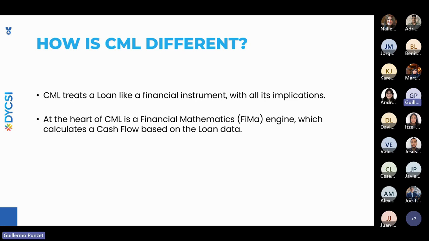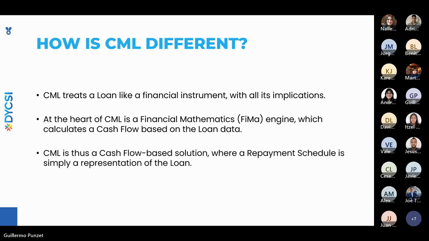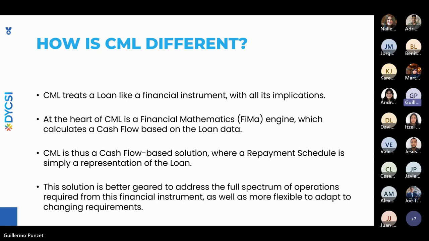At the heart of CML is a financial mathematics engine, FEMA, which calculates the cash flow based on loan data. CML is thus a cash flow-based solution where a repayment schedule does not drive the calculation of the loans. It's just a representation of the loan. This solution is much better geared to address the full spectrum of operations required from this financial instrument, and is obviously more flexible to adapt to changing requirements.